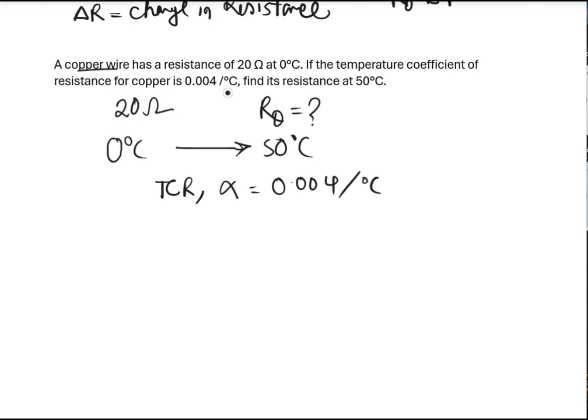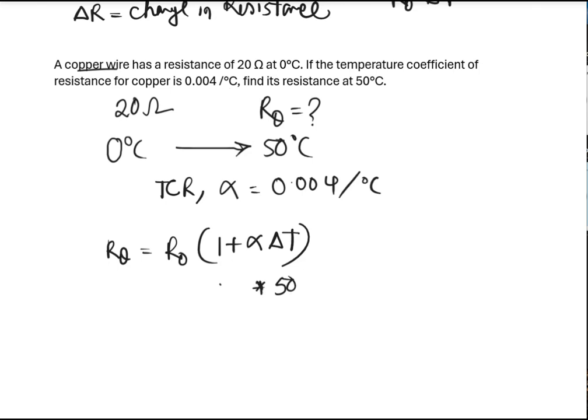So what is the equation to solve this problem? R theta equals R naught into 1 plus alpha into del T. The initial temperature is 0 degrees and the final one is 50, so del T is nothing but 50 minus 0, which is 50.